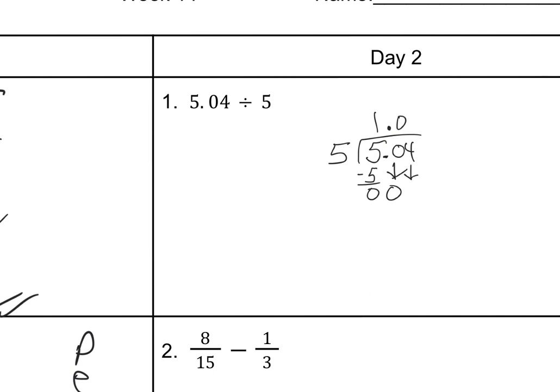Drop the 4 down. Cannot divide the 5 into that 4. Put another 0 at the top in your answer. Add a 0 onto the end. Drop it down. Now I can divide 5 into that 40, and it would be 8. So we see that our answer is 1.008.